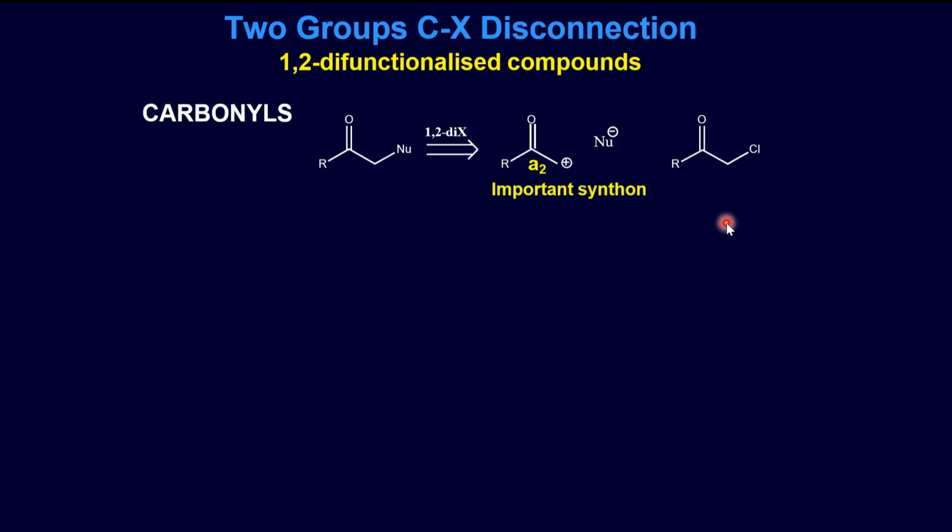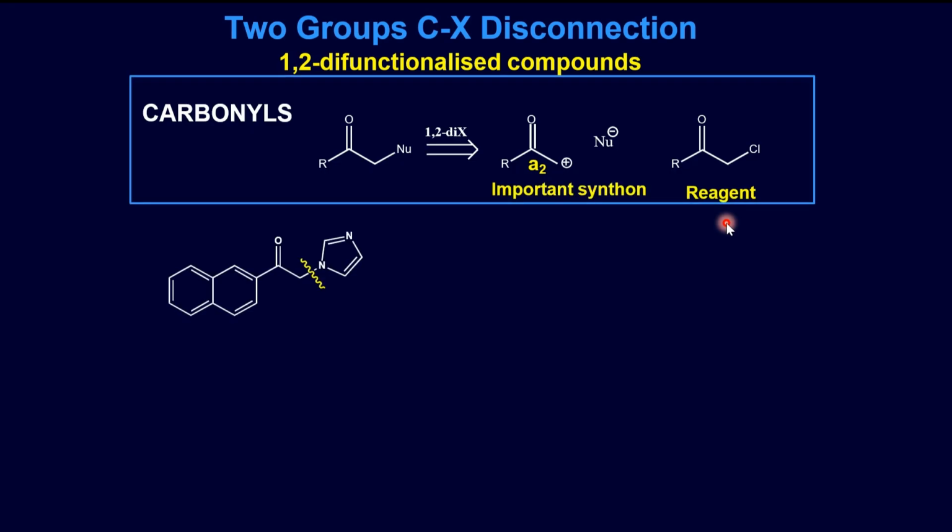I can give an example and explain this. Here, it's a 1,2 difunctionalized compound. At the second position, there is an imidazole ring system. At the first position, the carbonyl group. I'll break adjacent to the heteroatom. I'll get an acceptor synthon over here and a donor synthon, that is the imidazole ring system.